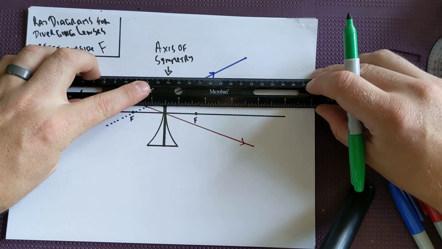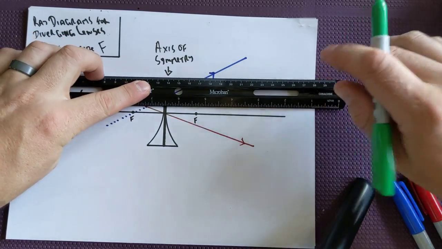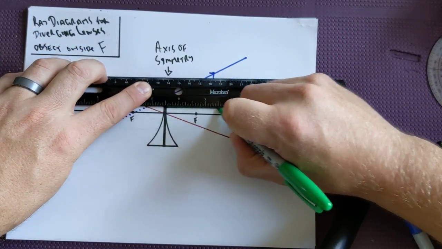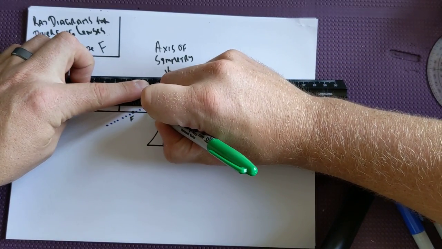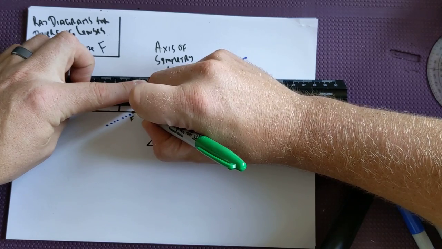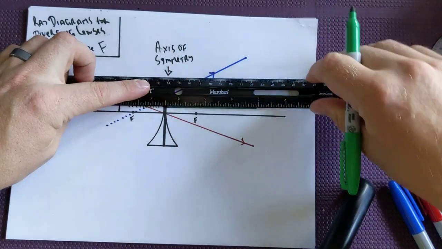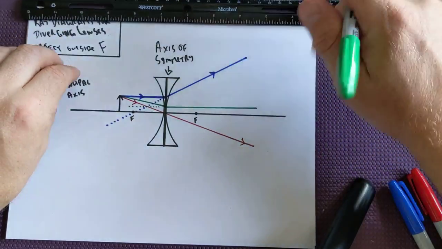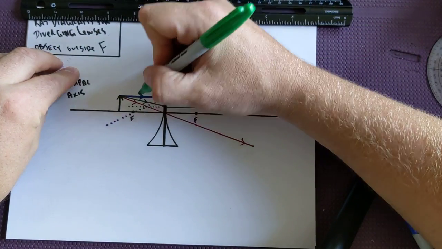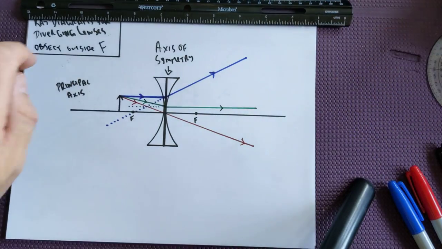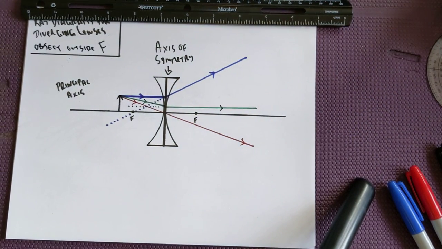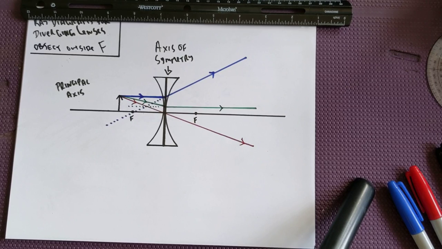Let me just find out there. And it travels this way. But you know what? We're going to draw some dots extending backwards. So it leaves the top of the object, moves out that way.